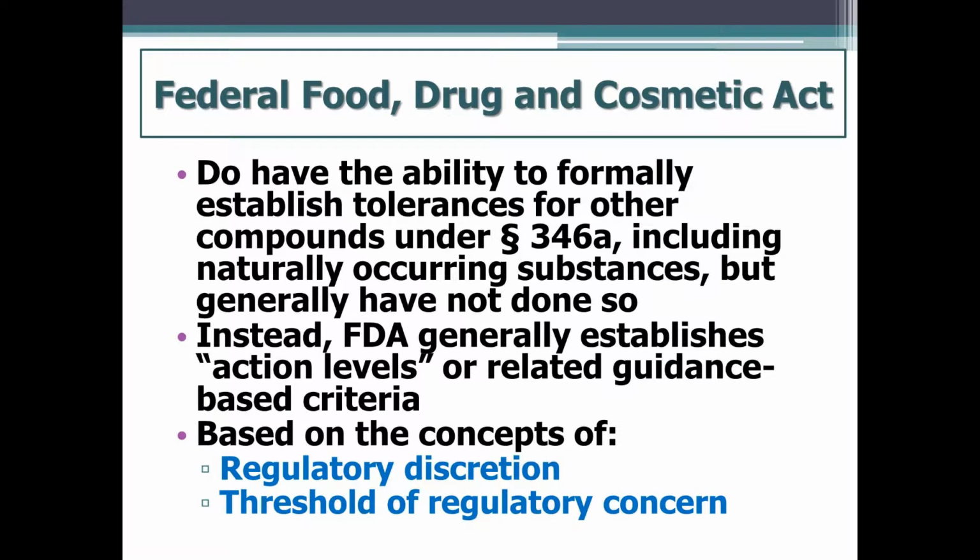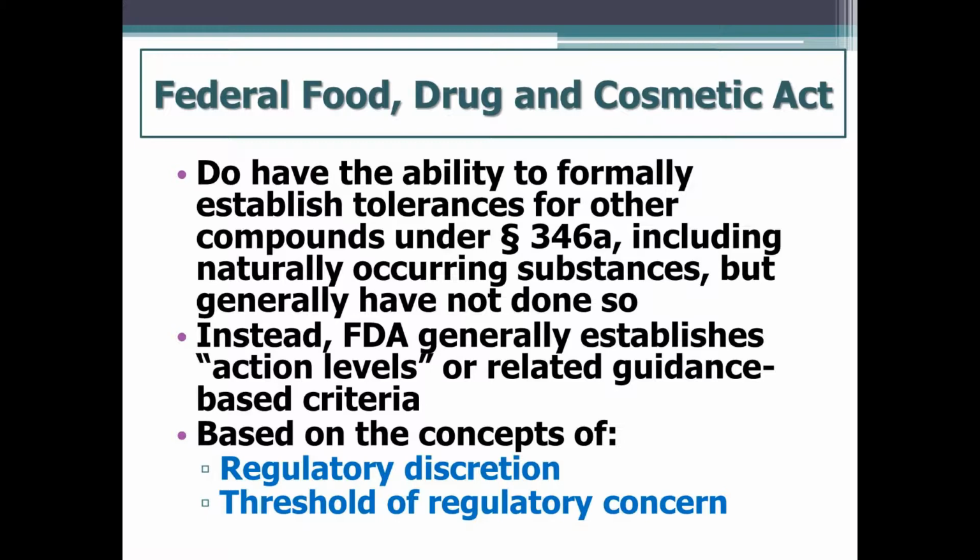Okay, the other thing about this is that within the Act, you have the possibility of formally setting tolerances for other compounds under 346A, including naturally occurring substances, and it's not done. As far as I know, other than the food additives, etc., stuff that falls under there, there has never been a tolerance that has been established.